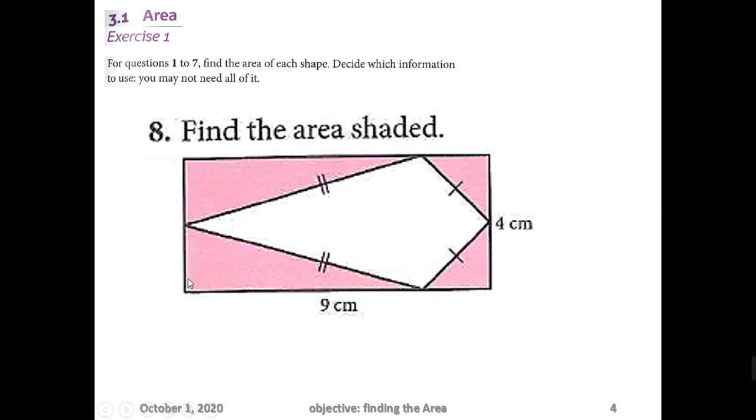As you can see, the big shape, which is the rectangle, and the kite is inside this big shape, as if there is an opening in the rectangle that took the shape of the kite. Accordingly, we're going to subtract the area of the kite from the area of the rectangle to find the shaded area. I will leave it for you to solve step by step.